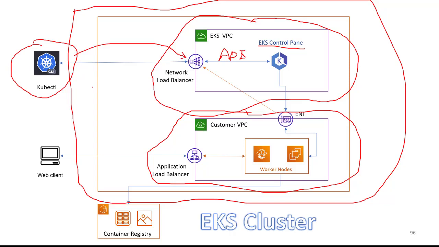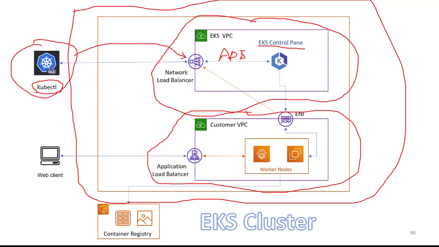It basically depends upon how the API is exposed. Is the API exposed to the public, to the private, or to both public as well as private? You can use your kubectl command line utility, just like in traditional management of Kubernetes services, to connect to this API endpoint and perform all the tasks here.